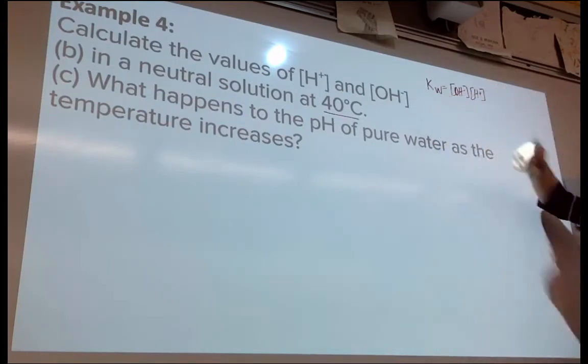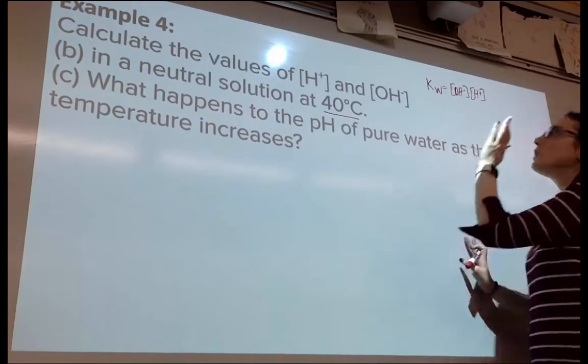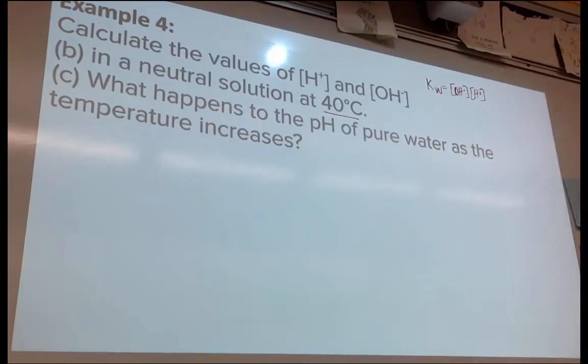KW equals H plus times OH minus. If we were at 25 degrees Celsius, which is what part A looked at yesterday, we can use 1 times 10 to the negative 14 for KW. However, we're at 40 degrees Celsius. They would give us the value of KW.